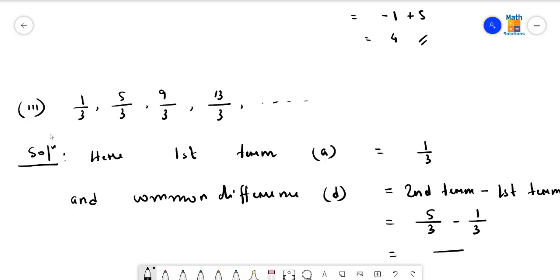Let us take the LCM as 3, then 5 minus 1, and the answer comes as 4 by 3. So this is the common difference.